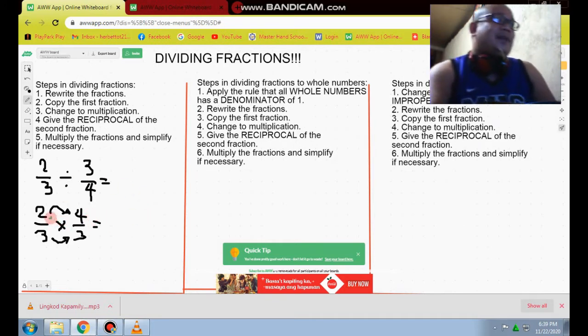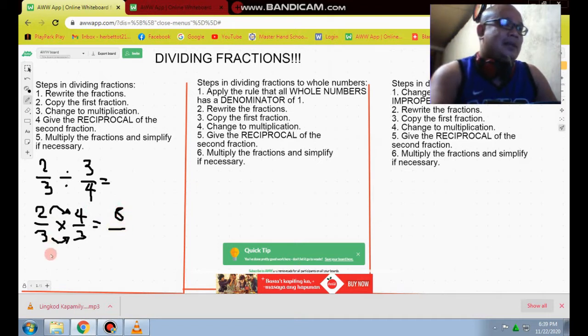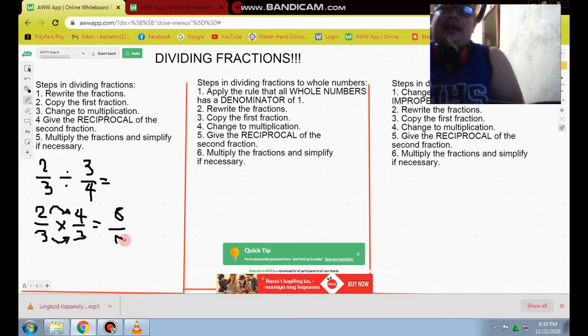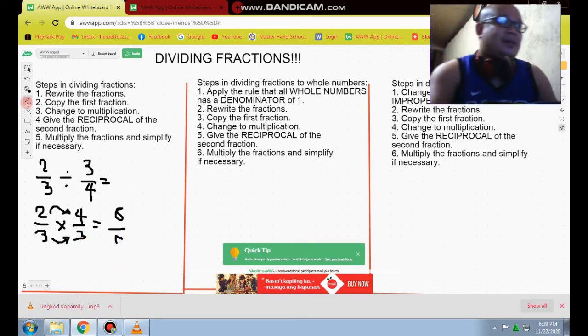So we have 2 times 4 is 8. Ayan. Then 3 times 3 is we have 9. Okay, so 8/9 is the answer. So yung ating answer na 8/9 ba ay kailangan nating i-simplify, no?